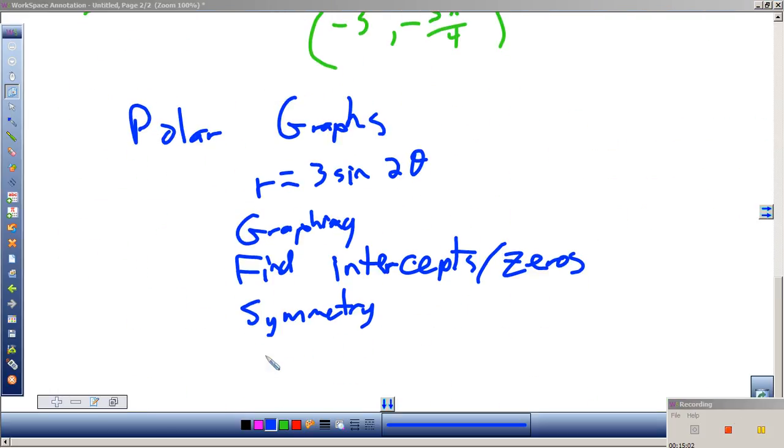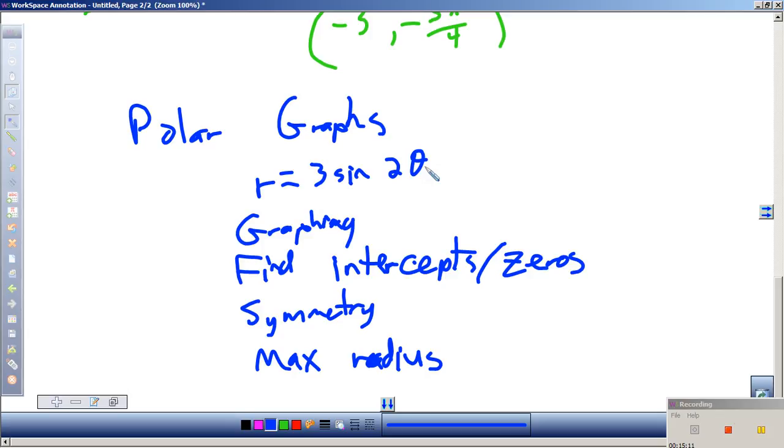I should put in here also max radius. So just look at this. What would the maximum radius this could be? 3. How do you know? Okay, so maximum of sine is 1 multiplied by 3, 3.